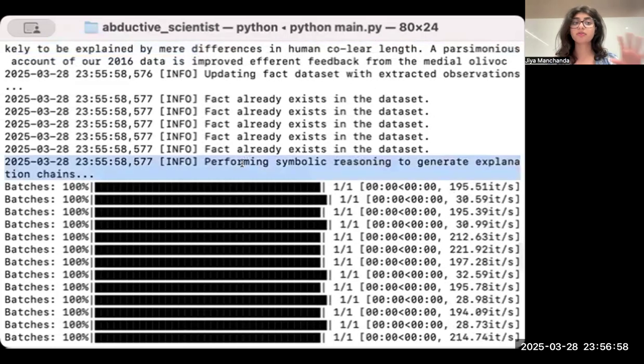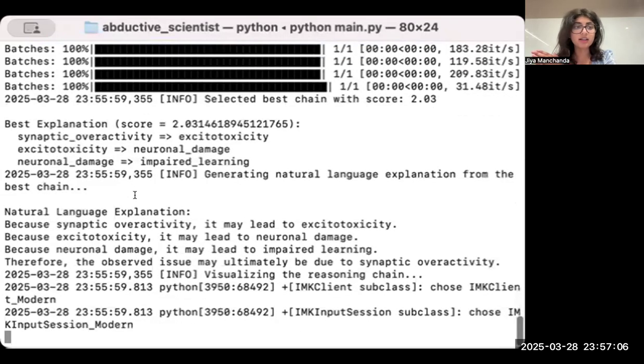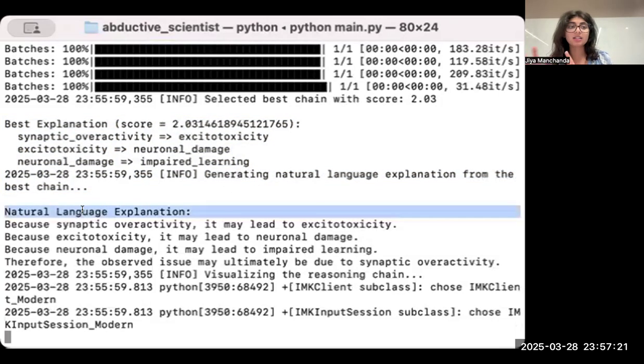And then it's performing symbolic reasoning now over what has already been done by the neural network. Once it does the symbolic reasoning over the chain, you have a semantic score that I designed as a custom one to identify what would be the criteria for the best explanation in this case. And then it gets converted back into natural language because it's following scientific rules now.